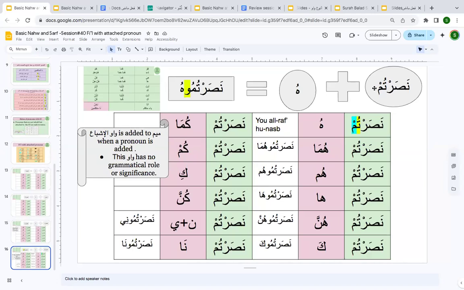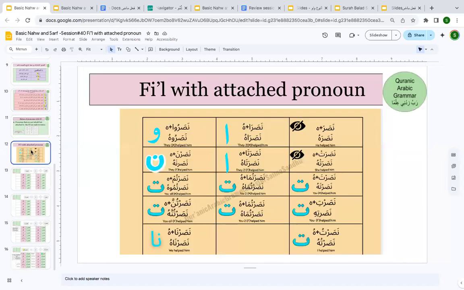In the past tense table, you have learned the only fail that has mimul jama'a is antum nasartum. So the only fail that will have this extra vowel inserted after it is going to be antum nasartum or ja'altum or samiatum.